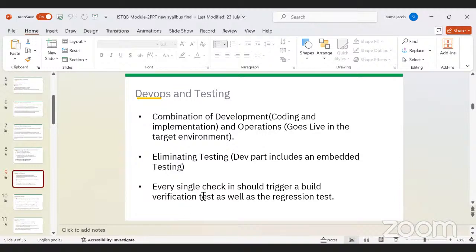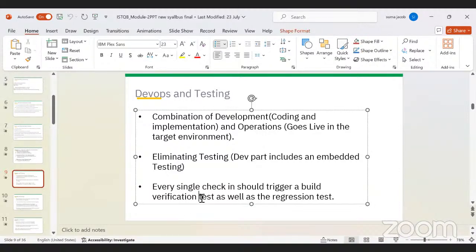It is not limited to just build verification, because when a developer is checking in new code, that is a change, and we are supposed to make sure that that particular code change is not affecting the functionality, or that there are no bugs in it, right?